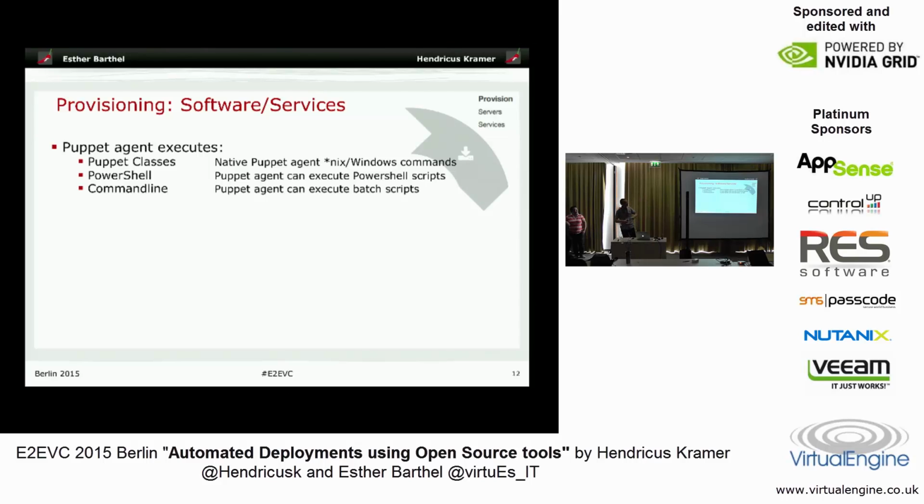Puppet agents can do the basics, but you can also run PowerShell scripts or basic Windows command line scripts. So when you have scripted a lot of PowerShell to complete something, you can also put those scripts in your Puppet environment and let Puppet do the execution of it.